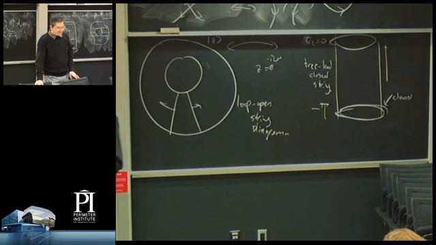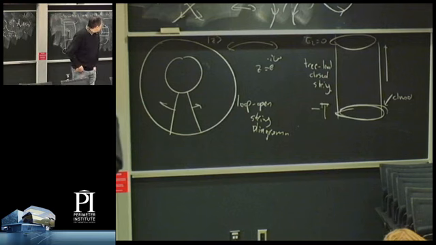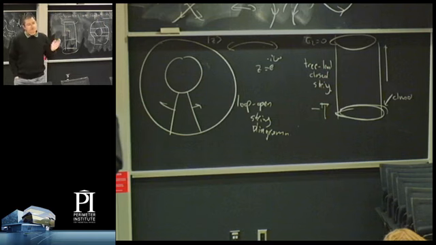Metric is not a physical observable, right? So we look at the things which are invariant. When we compute any scattering amplitude, we integrate over all possible metrics on the worldsheet.